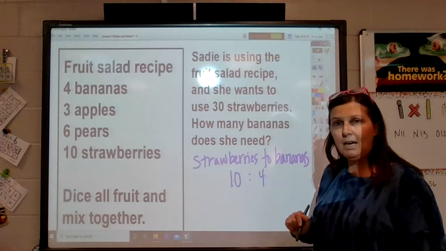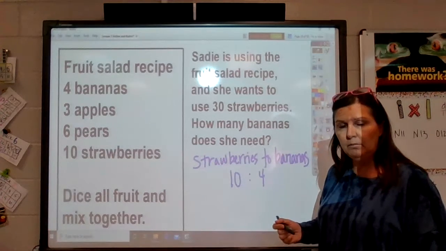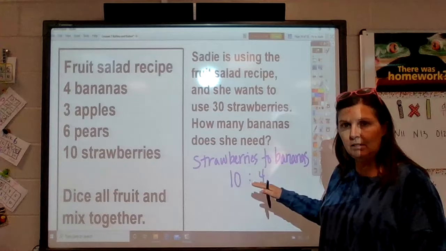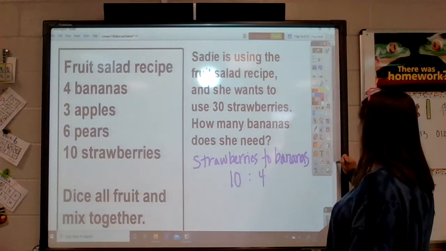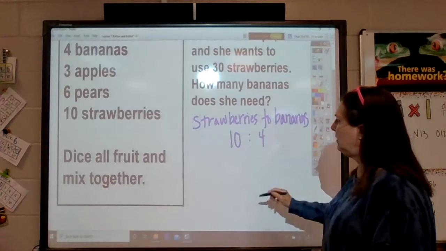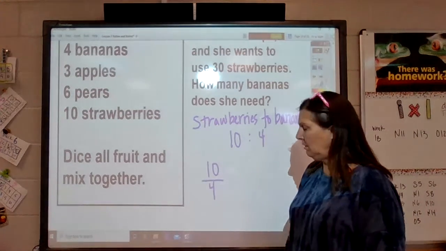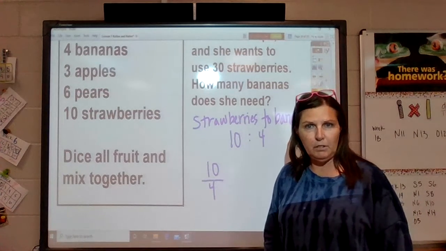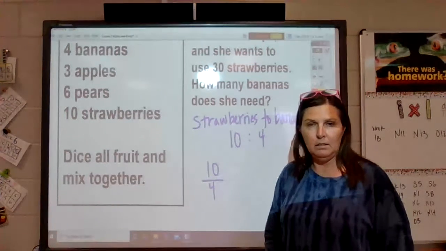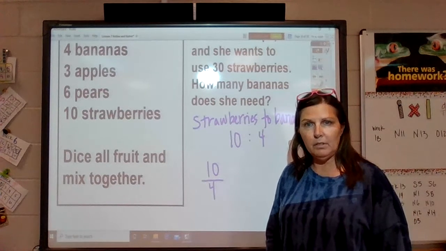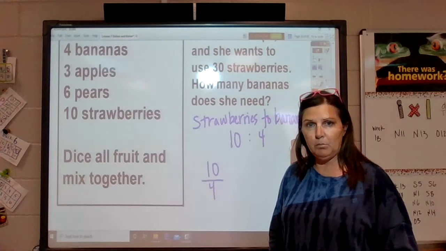Good. Our next step is going to be to make this ratio into a division problem. So you would say 10 to 4. And then what do we have to remember to do next? The next thing that's important is we have to remember to label.